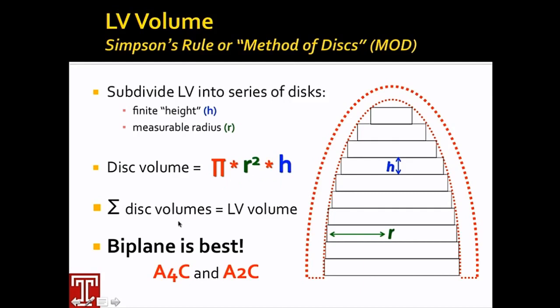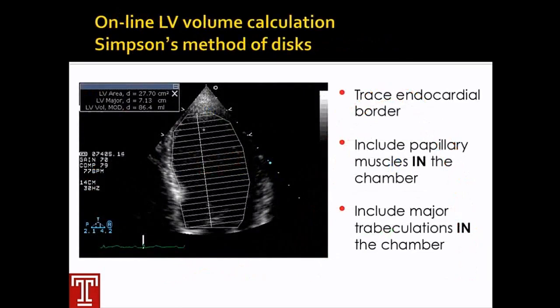And the sum of these various disc volumes is added up to give you overall LV volume. Biplane is best. You should always attempt to do biplane measurements with Simpson's method of discs using a combination of the apical 4-chamber and the apical 2-chamber view.